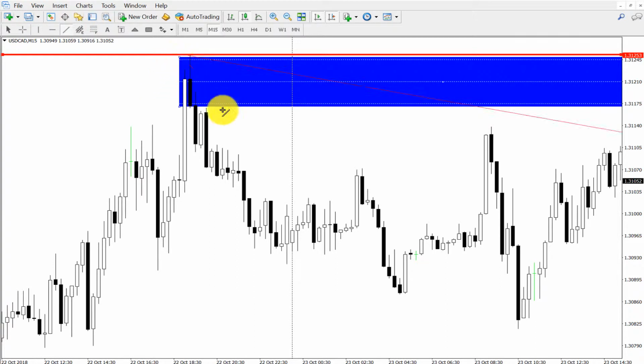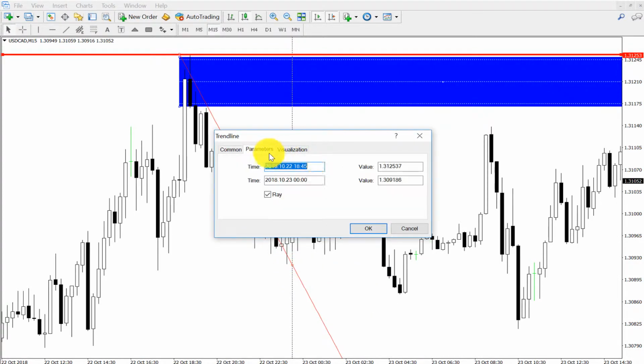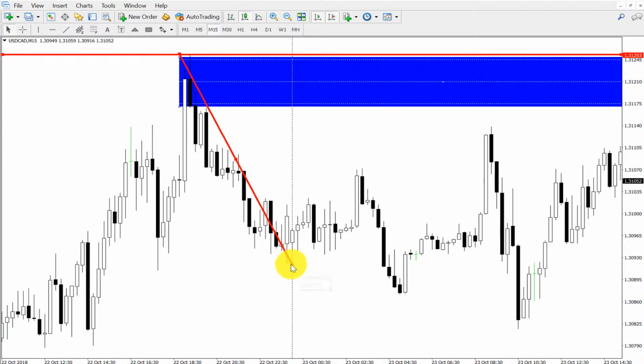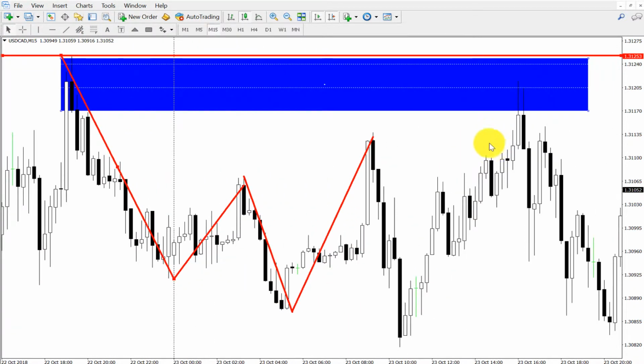From here to here, price fell down, and again price went from here to here, then price again came from here to here, then price went from here to here.